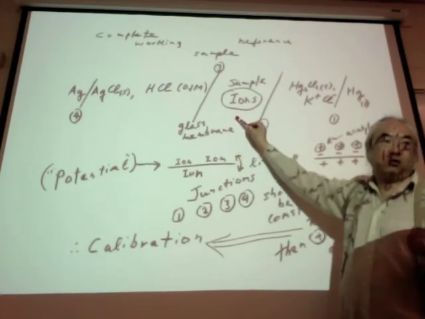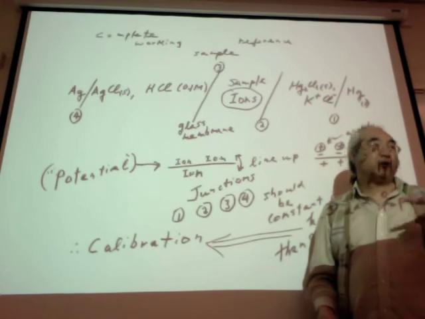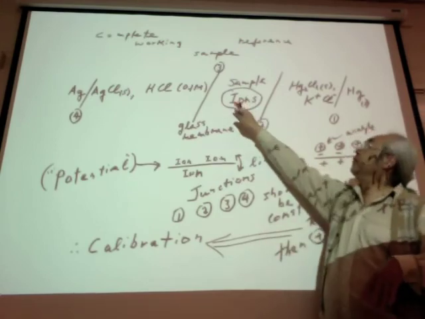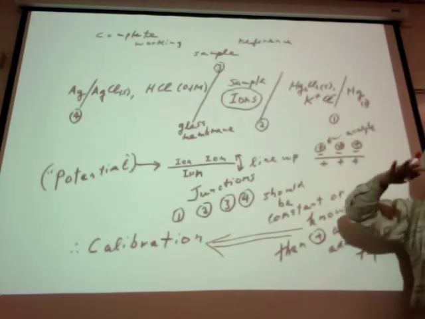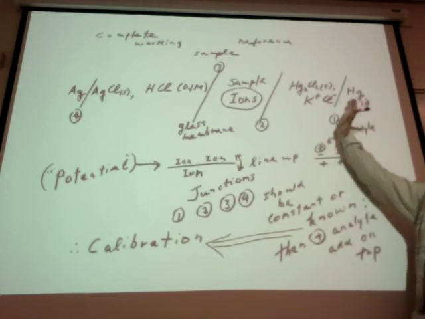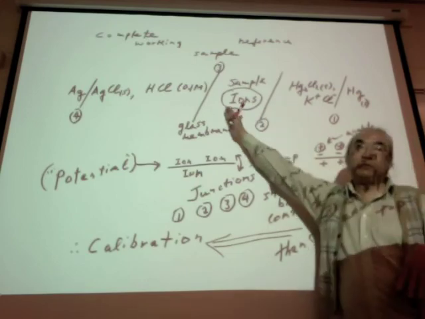However, your unknown solution is an unknown composition of ionic strength, all sort of ions. So when you throw that sample in, then all of a sudden all the internal ions arrangement will change as well. So the internal junction potentials will change because of attraction and repulsion from the outside.